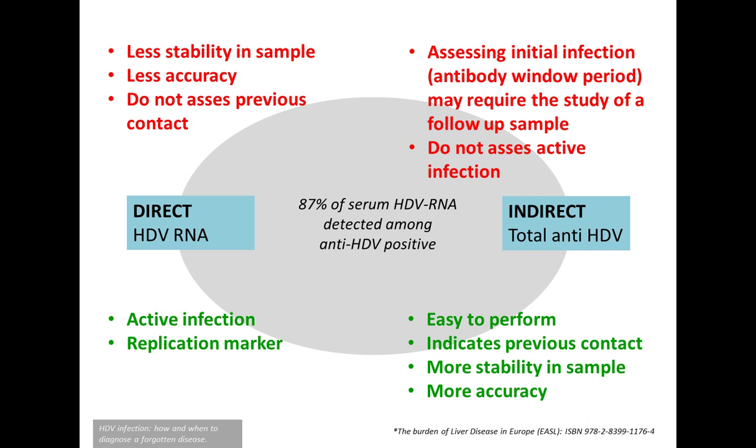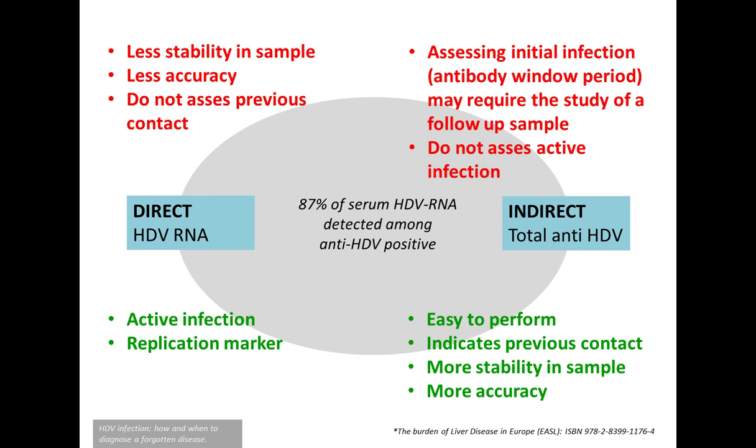Well, regarding RNA, the RNA of Delta virus has less stability in the sample, and detection and especially quantification may be less accurate. If negative, it does not assess previous contact. If positive, the RNA suggests active infection and is currently considered a replication marker.